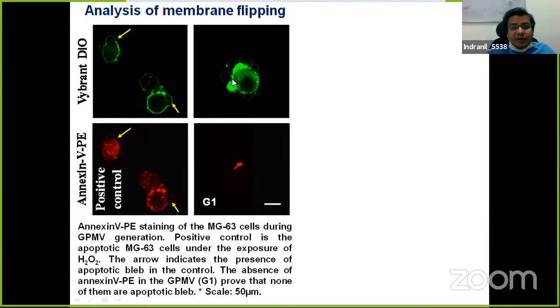But when we treat the cells with the GPMB generating solutions, we find that the GPMBs are generated, these green lines or green blebs, but those blebs do not have the red one. So it clearly suggests that the GPMBs being generated from the cells are not apoptotic blebs in nature.